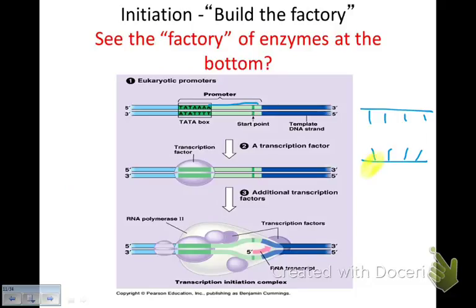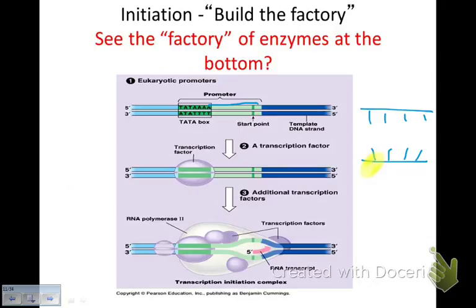So there's the transcription factors in yellow. Transcription factors bind. All of that yellow right there is called the transcription initiation complex. What is it doing? It's starting it. It's the enzymes that are starting the process of transcription. Transcription is the process being done. Initiation refers to the beginning process.